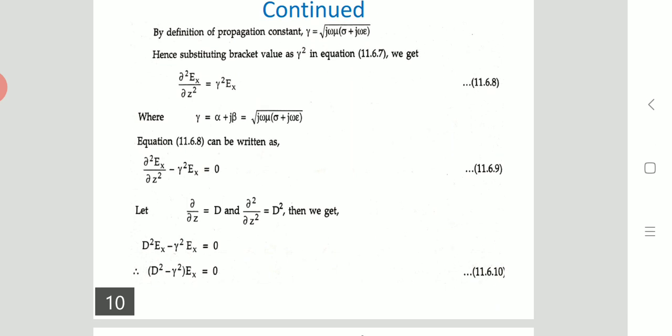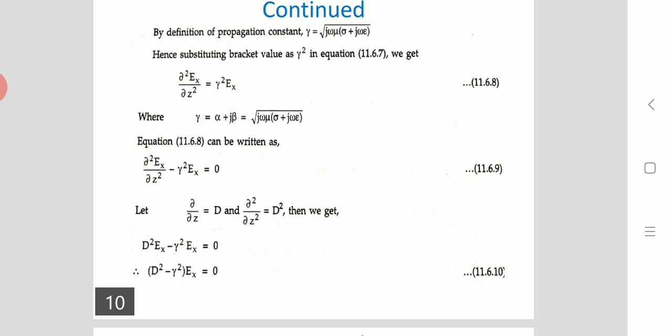So gamma is equal to alpha plus j beta, and gamma square Ex is equation 11.6.8. Gamma is the root of j omega mu into sigma plus j omega epsilon.